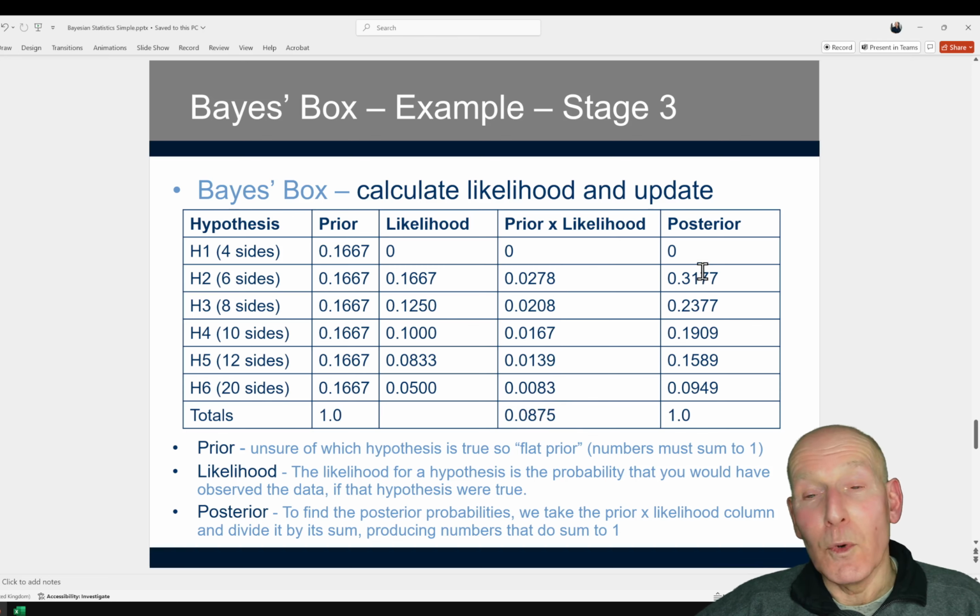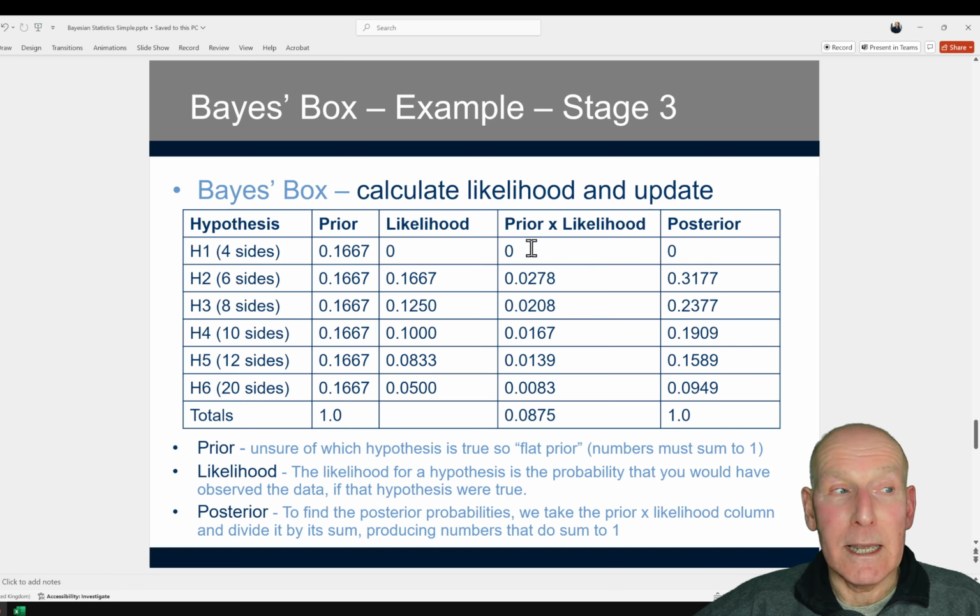Therefore, to normalize that to a true probability distribution, we have to take each of these values and divide it by 0.0875, which gives us all these particular values here, which in turn add up to 1.0.